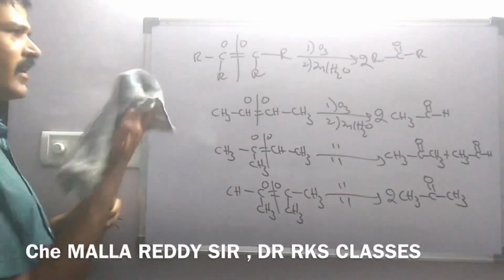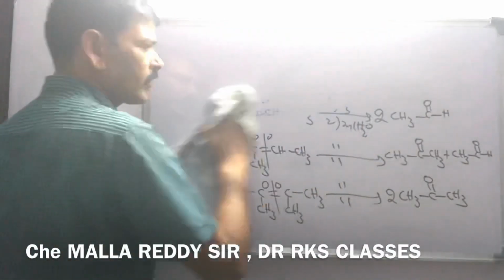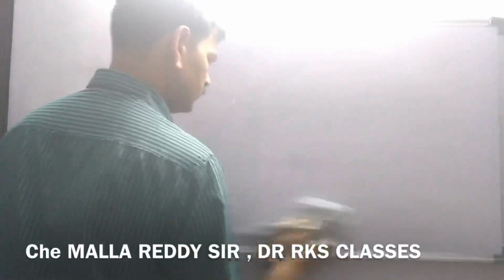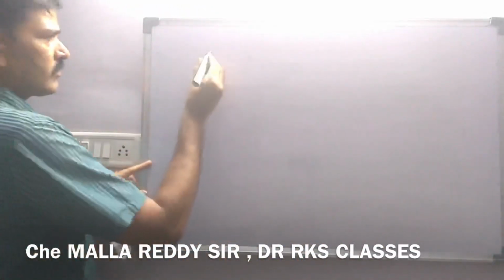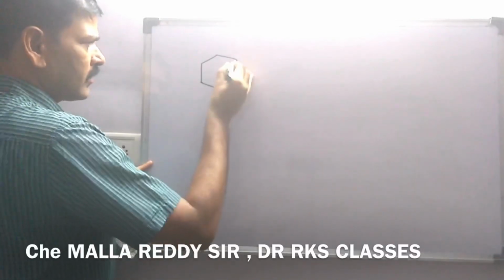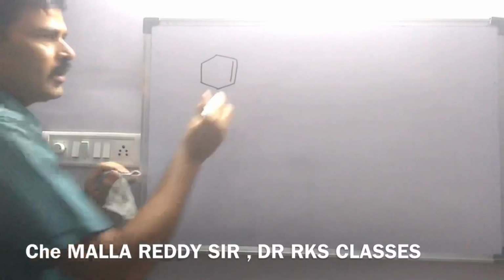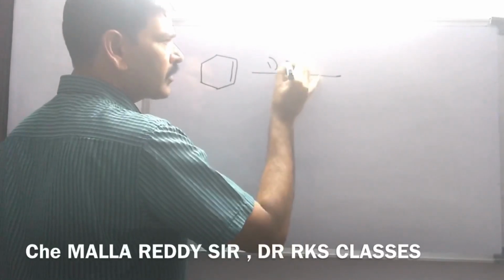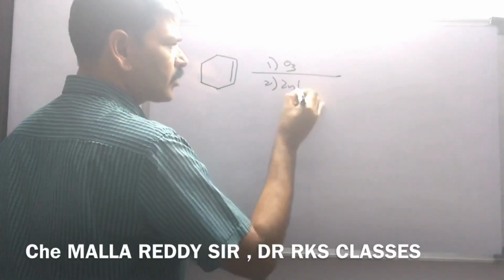In cyclic compounds, just observe here. For example, I have given this one, cyclohexene, a cyclic compound. It is further subjected to reductive ozonolysis.